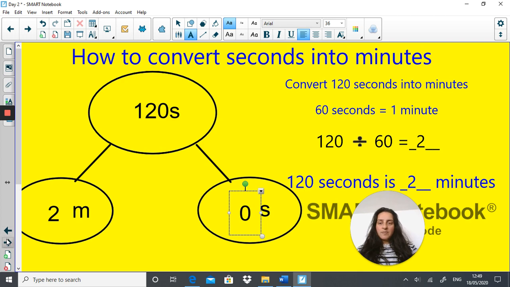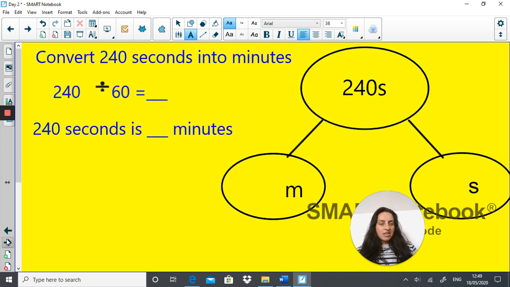Right, moving on. Now try doing this example. Convert 240 seconds into minutes. So what's 240 divided by 60? Then fill in the missing number here where it says minutes, and then fill in your part-whole model. Off you go. So 240 divided by 60 is 4.